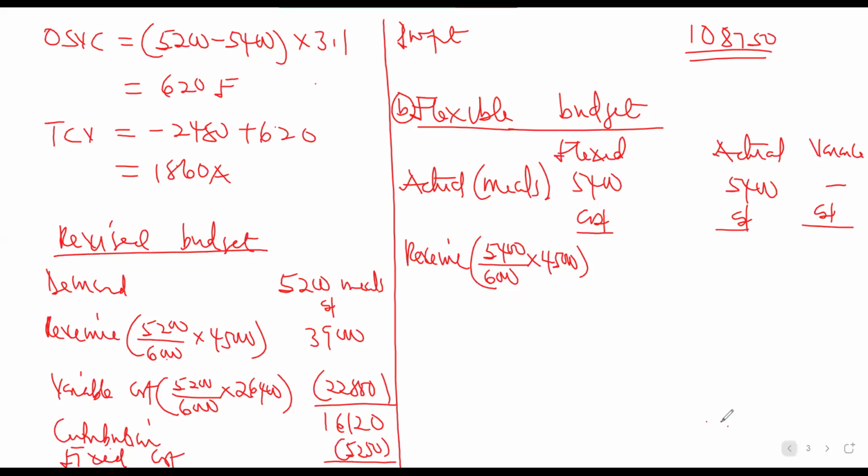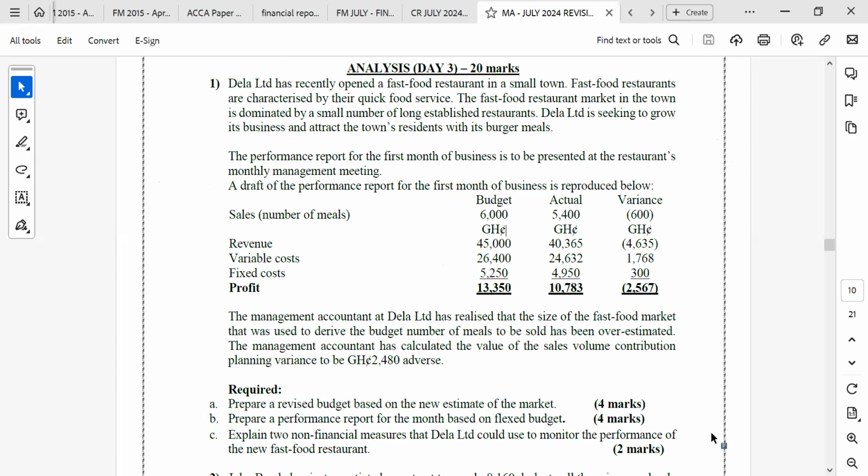What is the actual amount received? The actual amount received is 40,365.